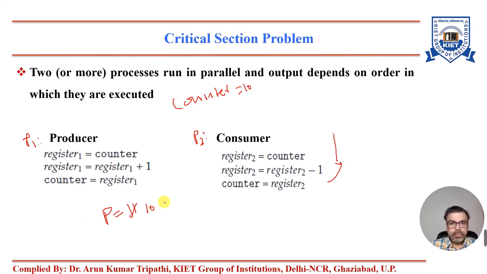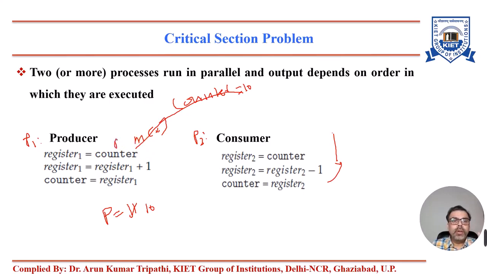But if the variable is shared and these processes access the variable simultaneously, what problem arises? When process P1 copies the value of the counter from memory location MX to the register, this register is known as the accumulator.